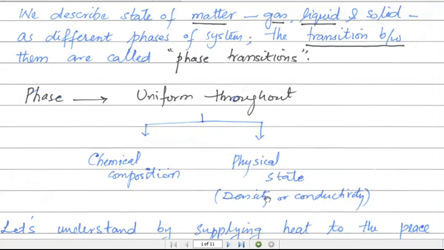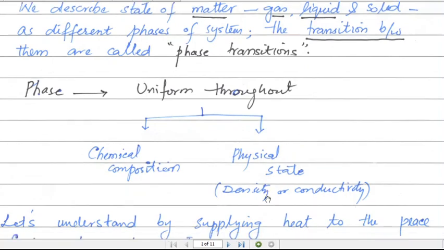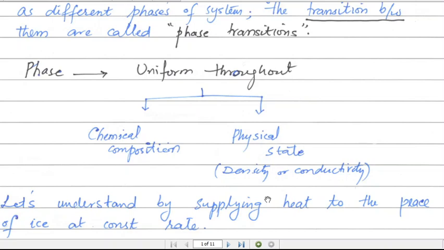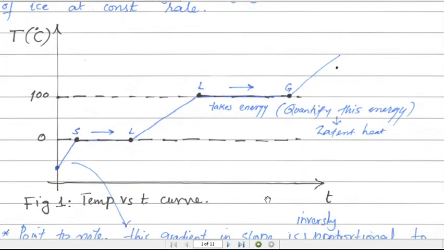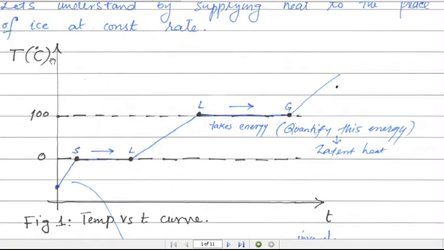So let's try to understand the nature of phase transition by applying heat to a piece of ice, and let's see what happens to the temperature of the ice. So let's draw a curve. Let's apply heat at constant rate to a piece of ice and draw a curve between the temperature and the time.